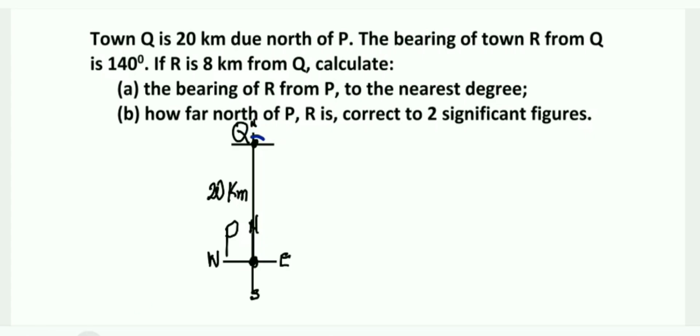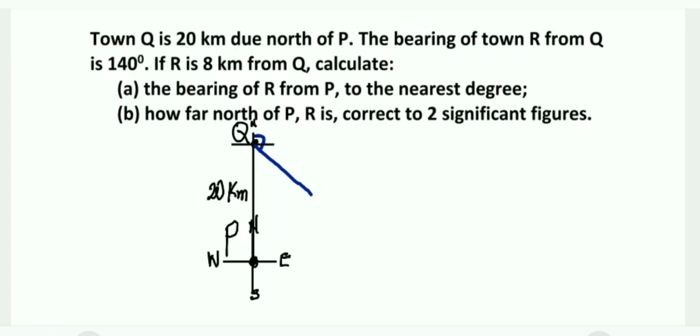All of this is 90. If I get back here, that would have been 180 degrees. But it says 140 degrees. So this is 90, and I just need to add about 50 degrees to get to 140. So I'm taking this to be my 140 degrees.